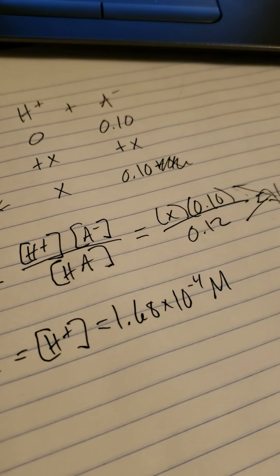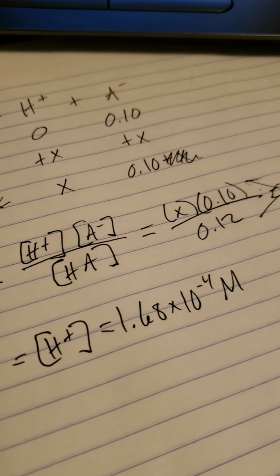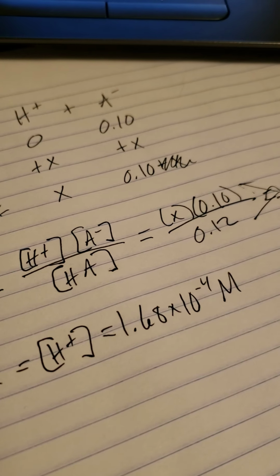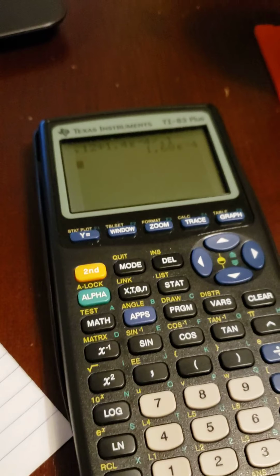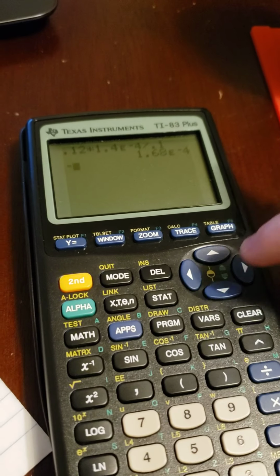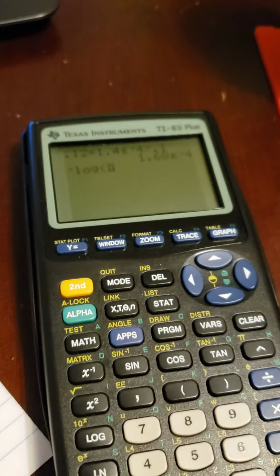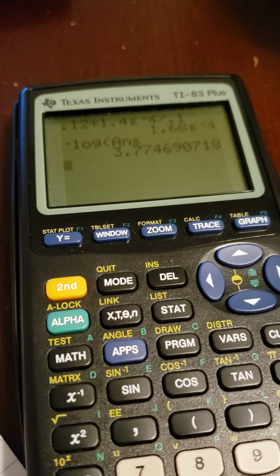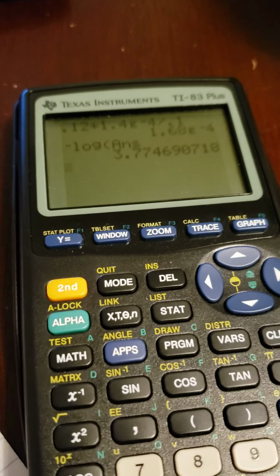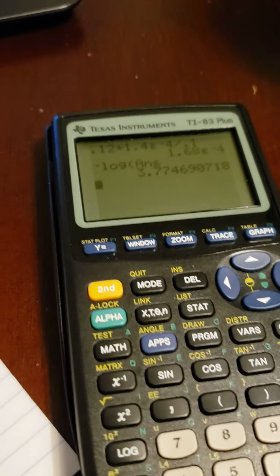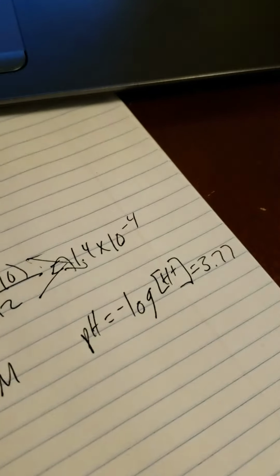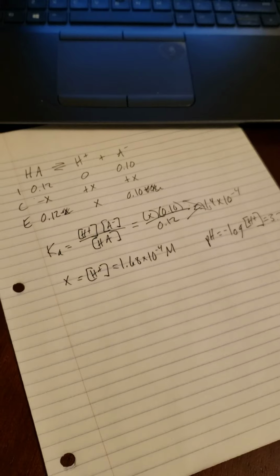But that doesn't answer the question, because the question asks for pH. pH is the negative log of the concentration of the proton. So on the calculator, negative log of the answer, and we get 3.78. Or sorry, 3.77. I am rounding wrong. 3.77.